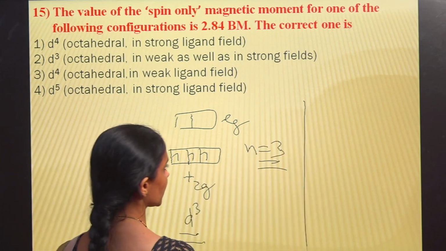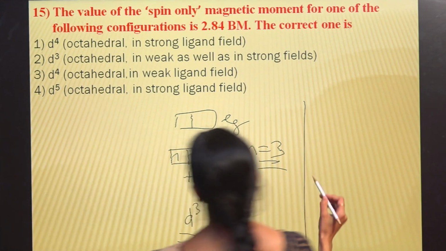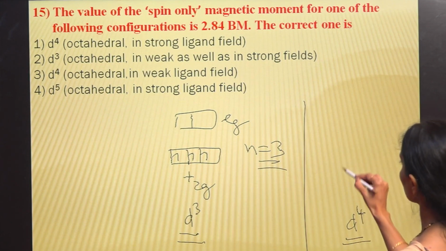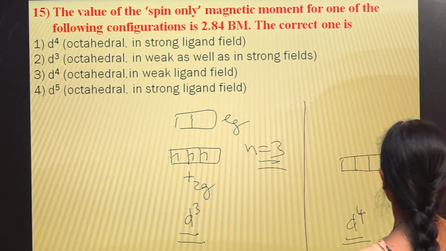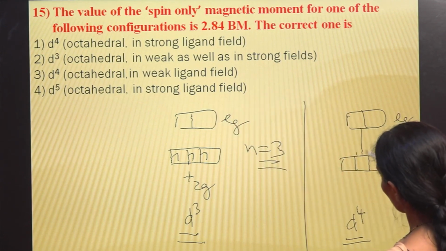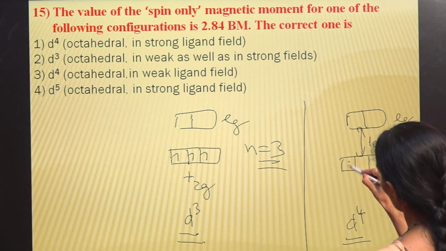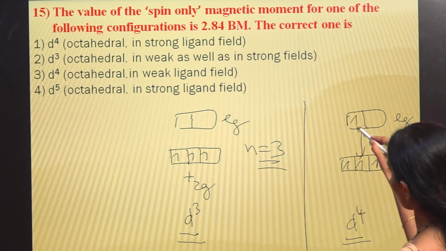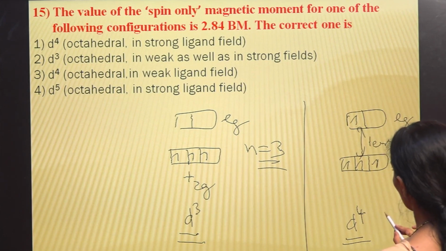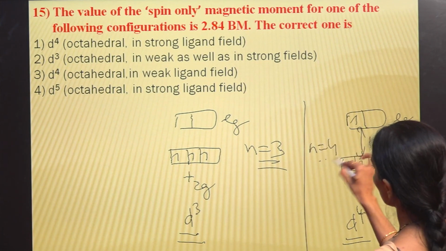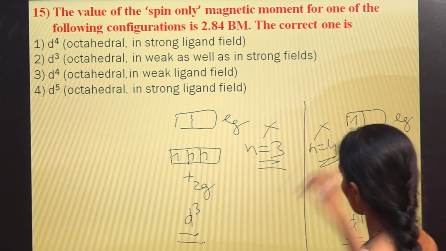Next, let's check with the d4 octahedral. You have a weak field ligand, that means the gap is very small. 3 electrons come here, and the 4th electron goes up because the gap is small. And value of n becomes 4. So these are wrong.